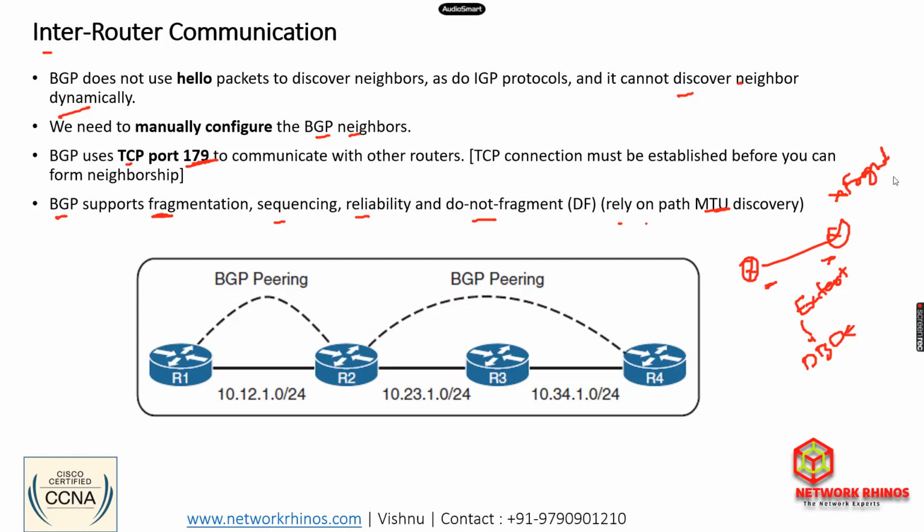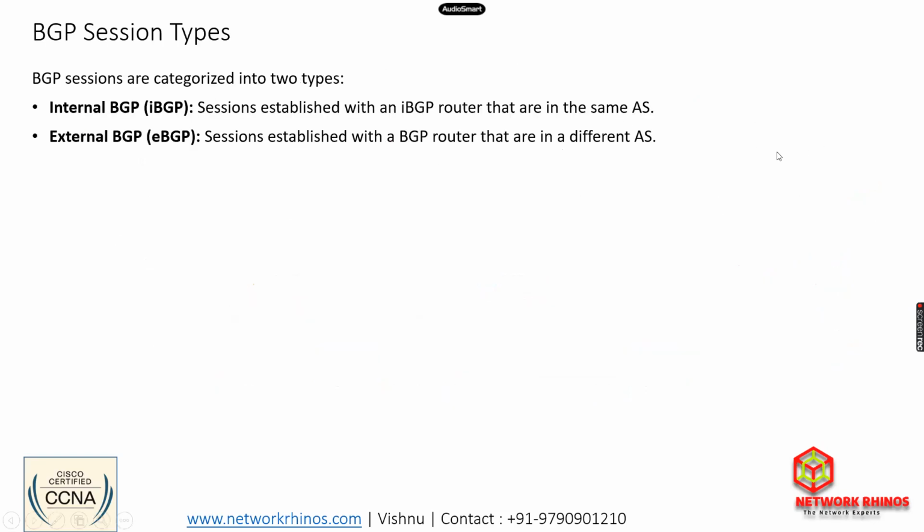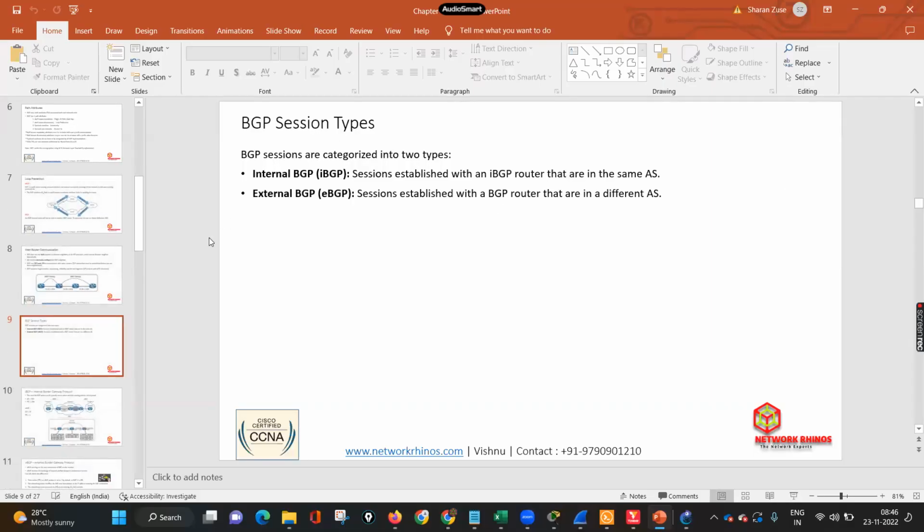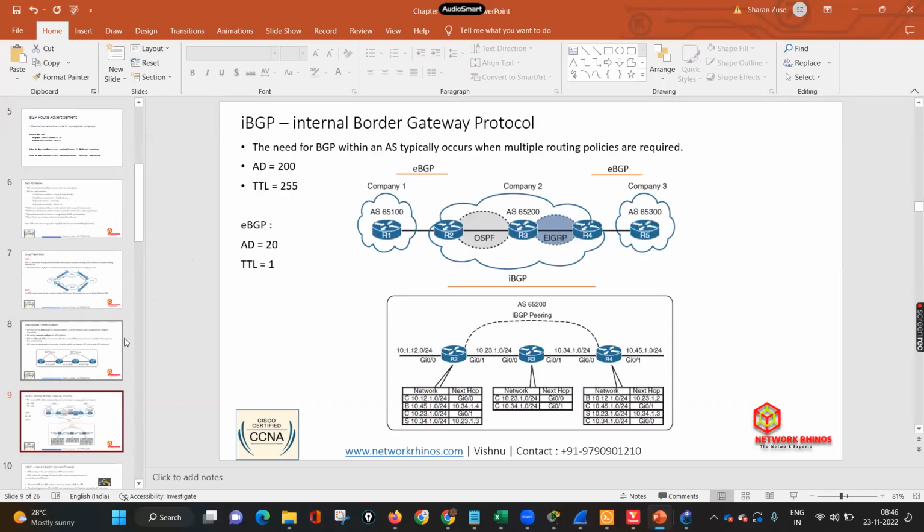So if you have a mismatched MTU value, then DBD exchange will not happen properly. That's why they're stuck in ExStart state. But in BGP, it is not like that. It supports fragmentation, which means even if you have a mismatched MTU, they can still become neighbors and share updates.